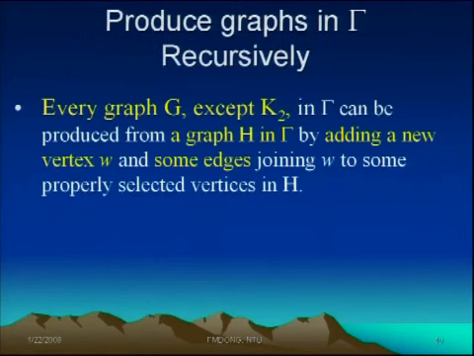So from this, we find the graphs in gamma can be produced recursively by adding new vertices and new edges. For every graph G in gamma, we can always produce G from a smaller graph H in gamma by adding a new vertex and some new edges.